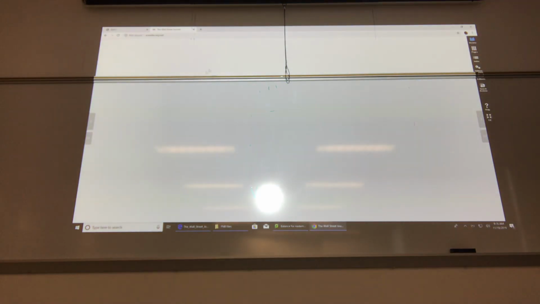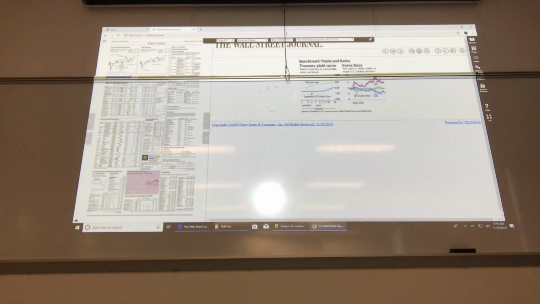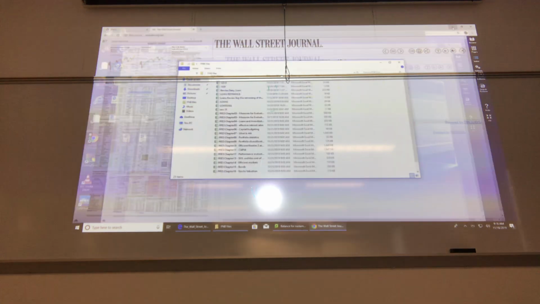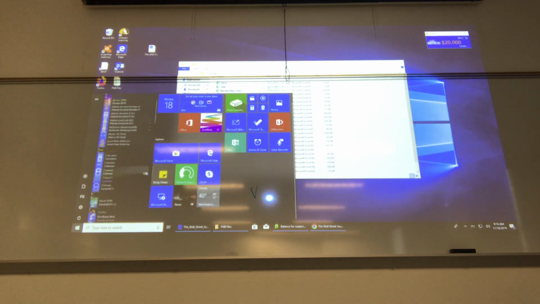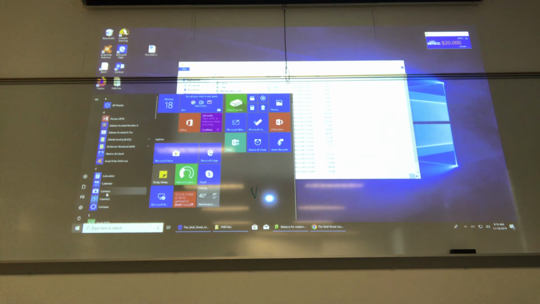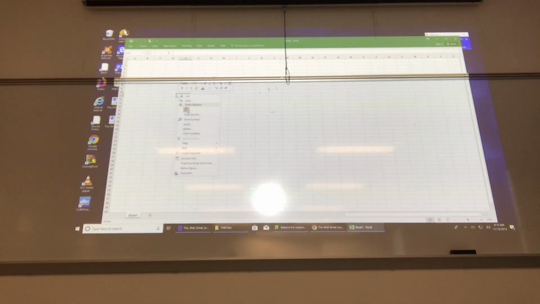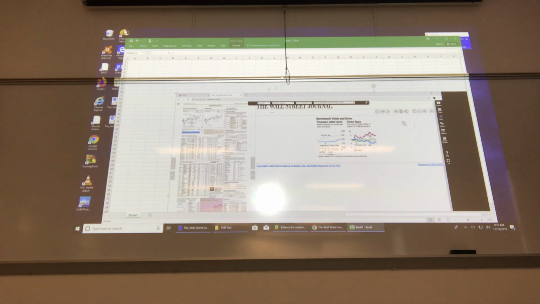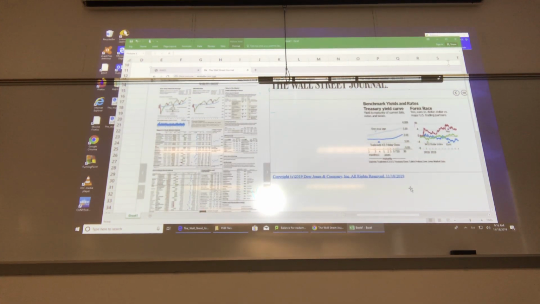I go into here. Take this part, I will do control print, I will go into my Word document, here I can write what is the normal curve.